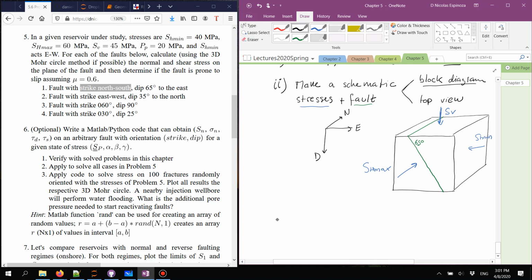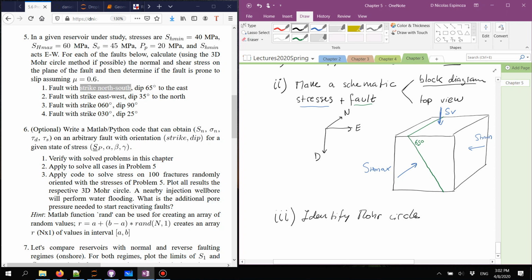So step number 3 is going to be to identify the Mohr circle that corresponds to that fault.